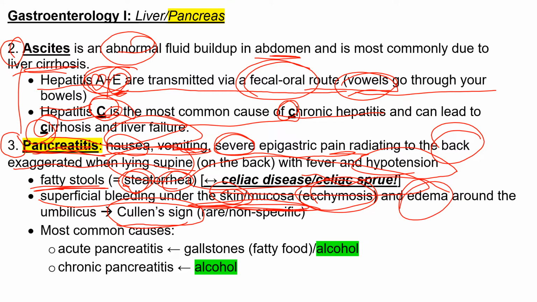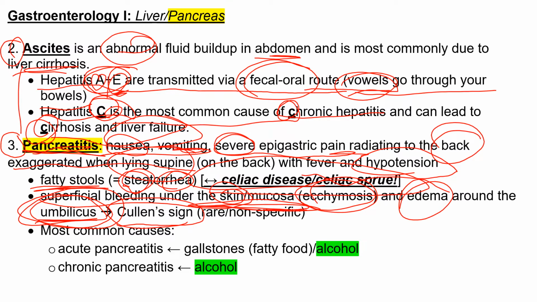Edema may also be seen, and Cullen's sign is when you see this bleeding around the umbilicus. It's not only pancreatitis that causes this type of bleeding. Any retroperitoneal bleeding, such as ovarian problems, can cause Cullen's sign as well.